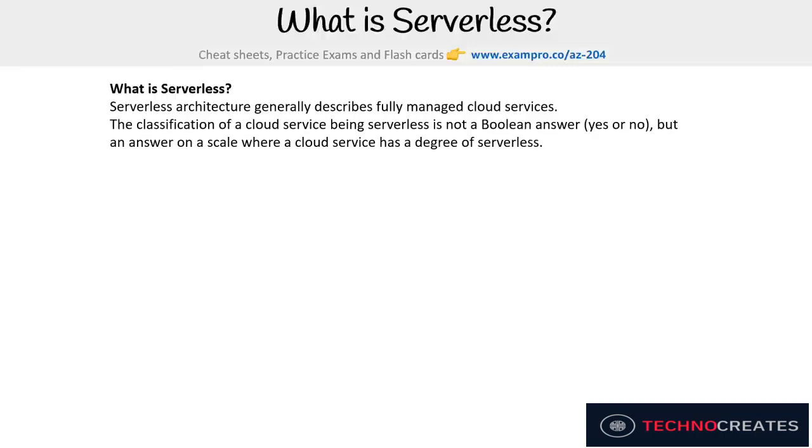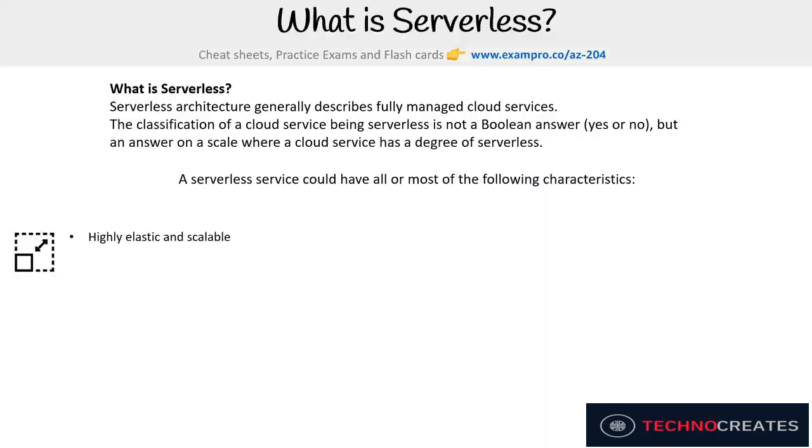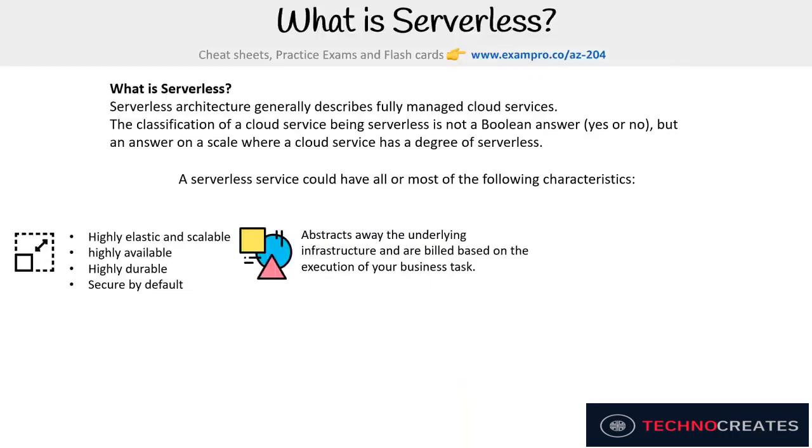And so, the way to help you understand serverless is the way I define it is I look at the following characteristics. One thing for a cloud service to be serverless is that it should be highly elastic and scalable, highly available, highly durable, and secure by default. Another thing is that it abstracts away the underlying infrastructure and is built based on the execution of your business task.